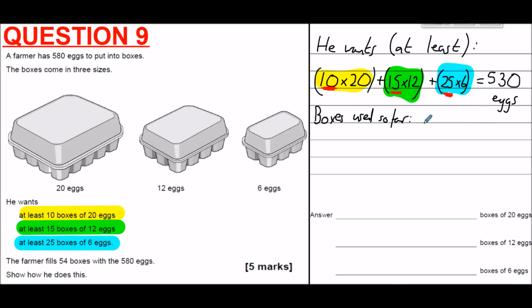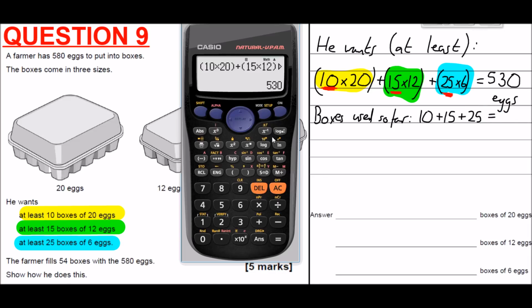So far, 10 boxes of 20 plus 15 boxes of 12 plus 25 boxes of 6. Let's see how many boxes that comes to. So 10 plus 15 plus 25, that's 50 boxes.